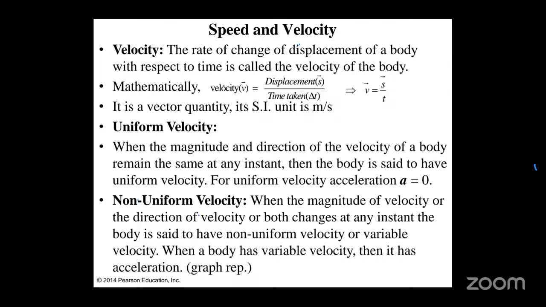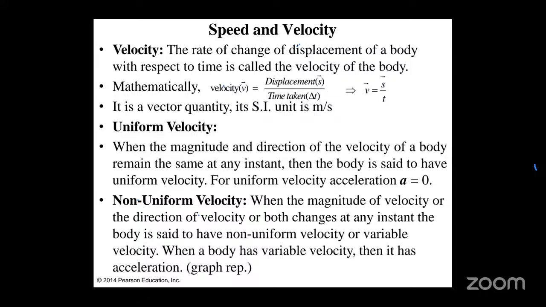Distance is a scalar quantity. Displacement is a vector quantity. So all our definition of speed had to do with distance, because speed itself is also a scalar quantity. But now velocity is a vector quantity, which means we cannot use distance to define velocity, but displacement. So that is why we have it as the rate of change of displacement with respect to time.